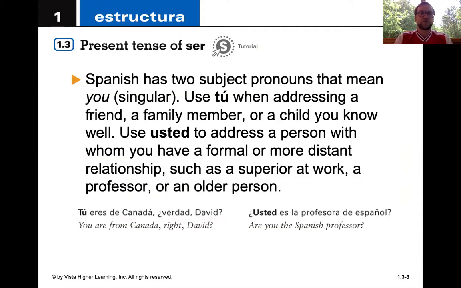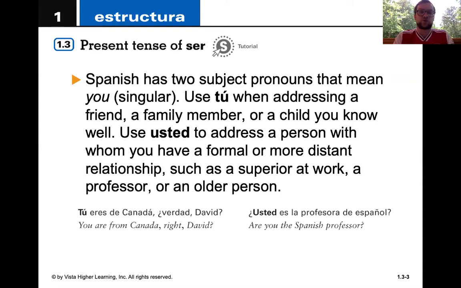Okay, now Spanish has two subject pronouns that mean you, and we've kind of talked about this a little bit, but you use tú when addressing a friend, a family member, a child you may know, and then you would use usted for someone you respect more, someone you want to have a little bit more formal relationship with. For example, a judge, a superior at work, someone that you might not know as well, grandparents, parents in certain countries are usted.